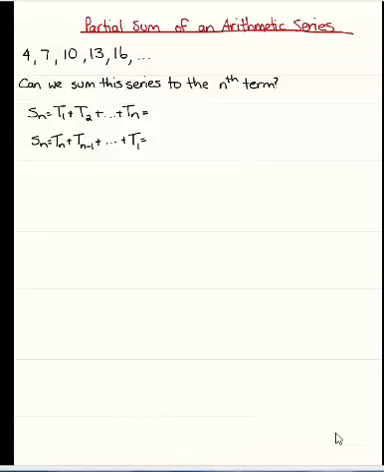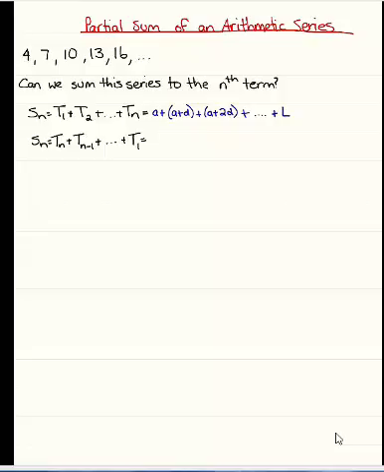Well, t1 we know is a, and then t2 is a plus the common difference d, and then t3 is a, that first term, plus 2 common differences, and it keeps going on in that pattern until we get to this last term, which I'm going to call L.